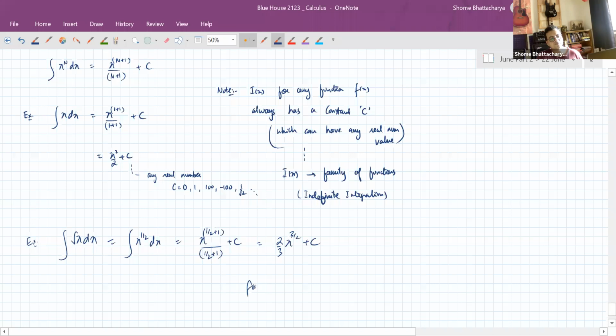So you can see that if the function is root x, then the antiderivative of the function is 2 by 3 x to the power 3 by 2 plus c. And we can understand that differentiation of this function will give us the original function we had integrated, because it's the antiderivative.